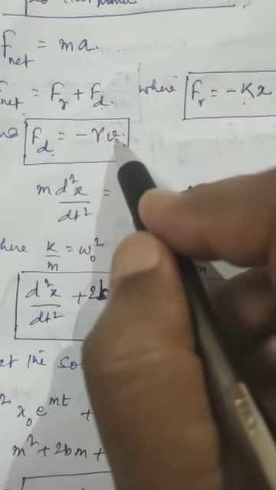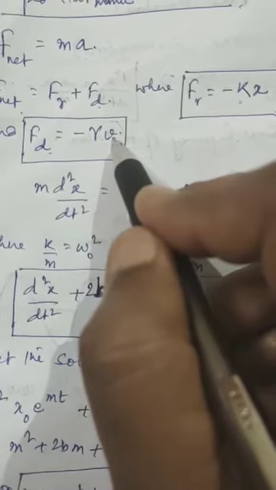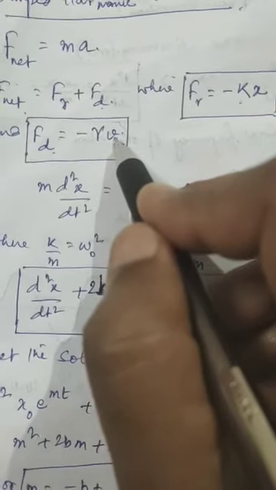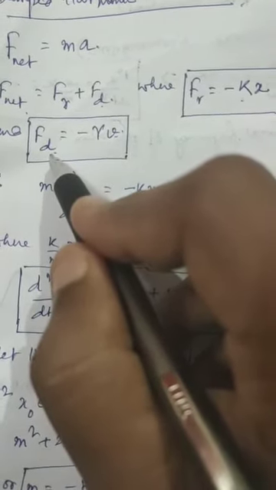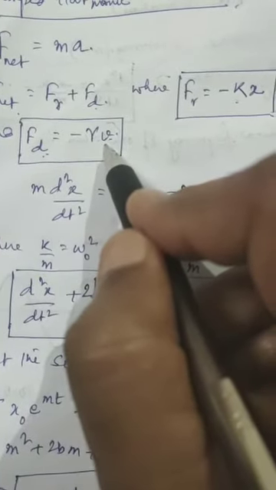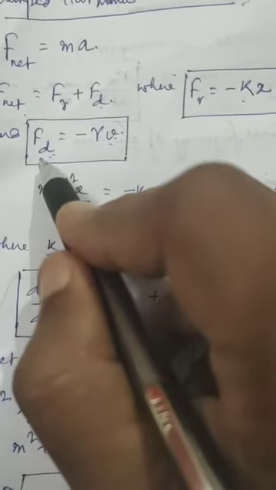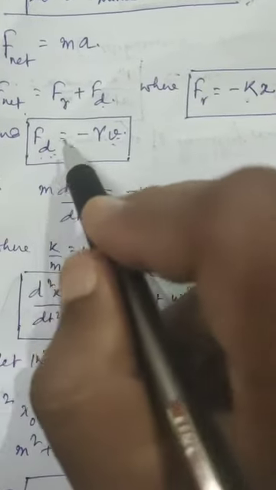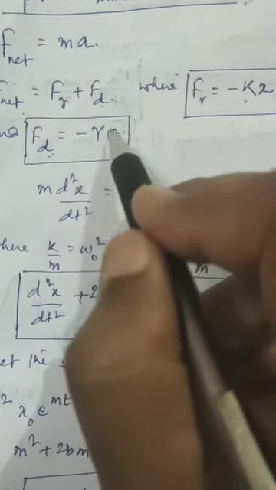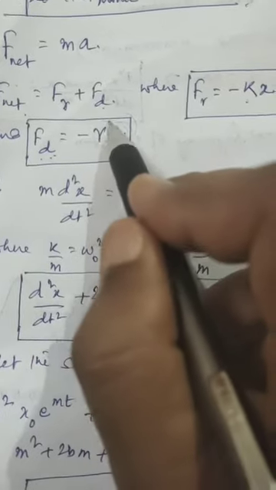So the more velocity the mass has, the higher is the damping force. So if you are moving with a great velocity through the viscous liquid, the greater force that you are going to experience. So the damping force is proportional to the velocity, and this is the proportionality constant.